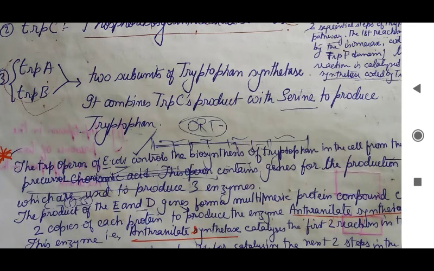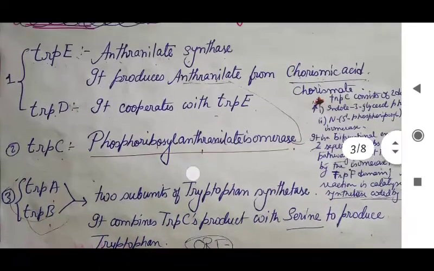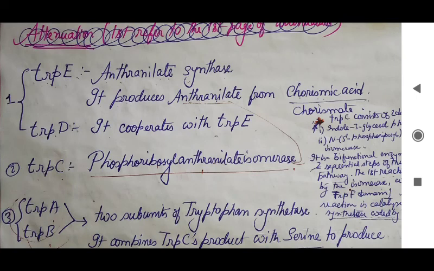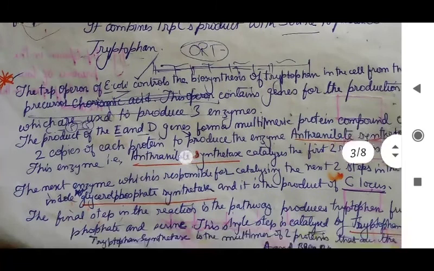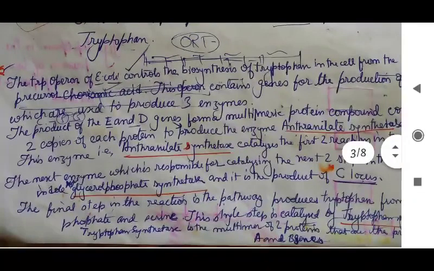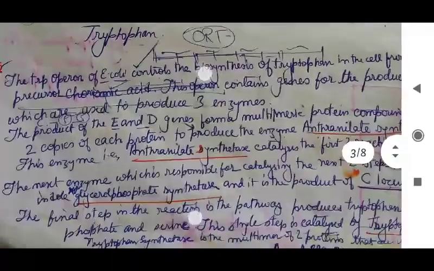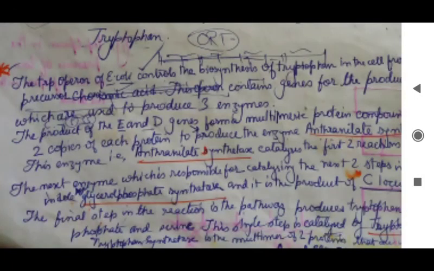So here we can see all the enzymes, the genes which are structural genes that produce the tryptophan biosynthesis. Normally the written material here is not presented in a good way; I have written it in a bad way.